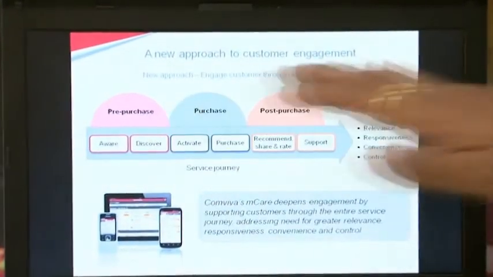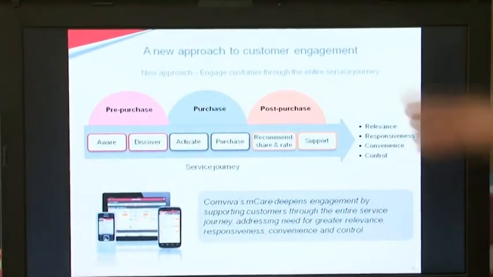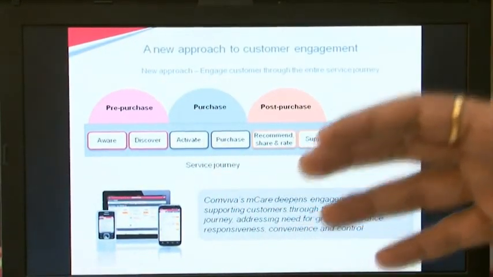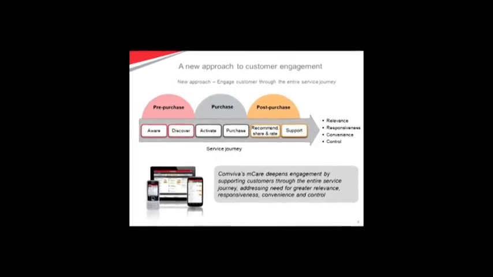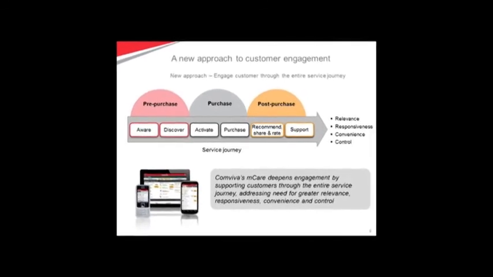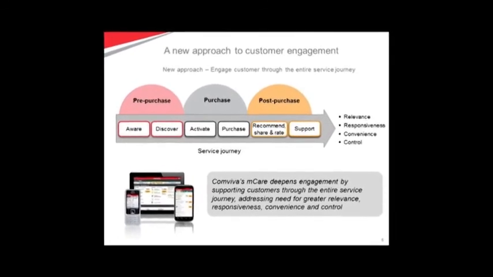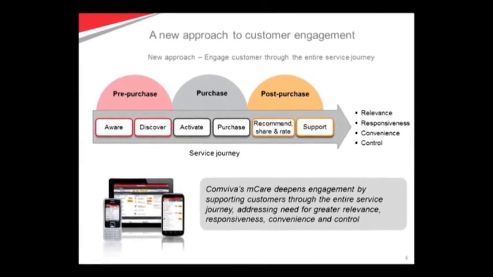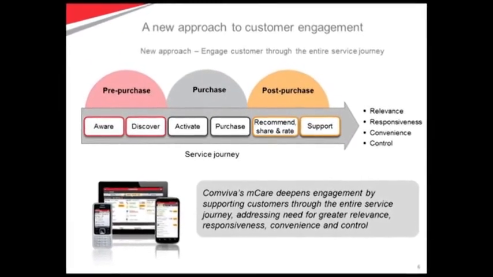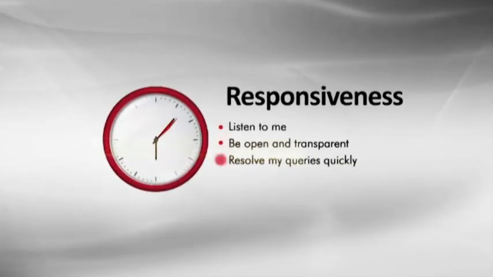So the entire life cycle of how the consumer, being aware of what the consumer wants, allowing him to discover the content that he wants to consume, helping him through the purchase activity, and then supporting him through the post-purchase phase is all covered under one single solution.